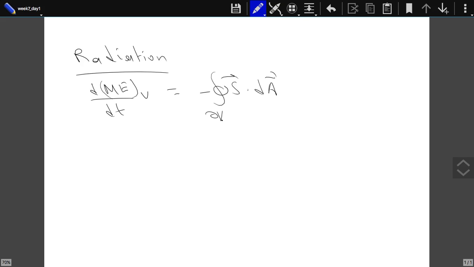So if I want to see whether a given object is radiating energy, the amount of energy radiated by the object should be given by this integral, S dot dA. This is the energy flow over some closed surface. We can just assume this surface to be a sphere with radius r, centered at my charges.